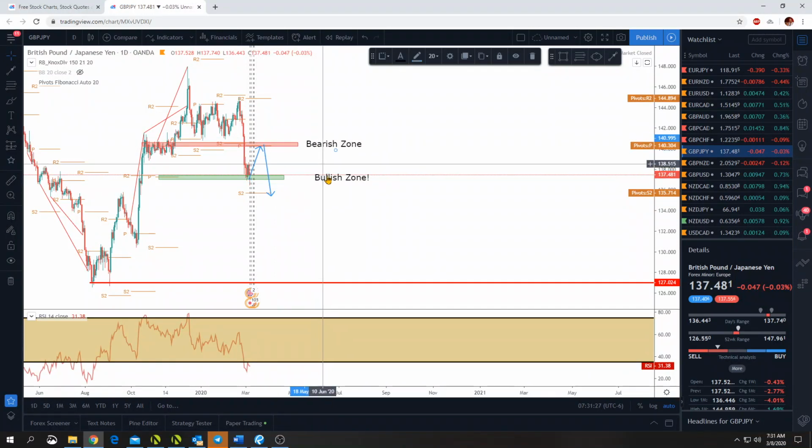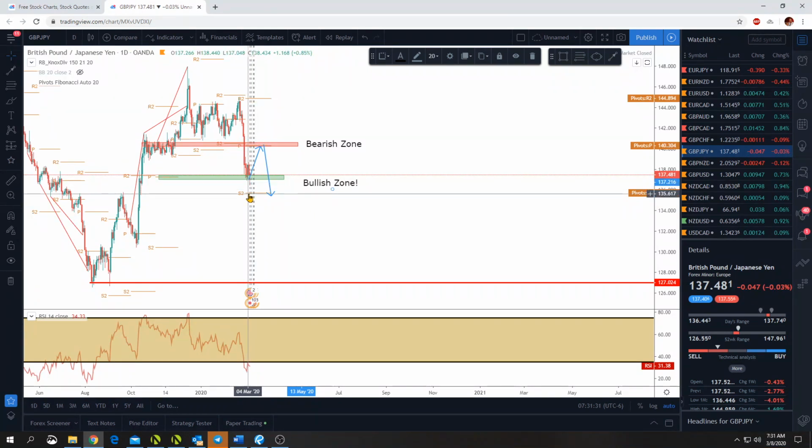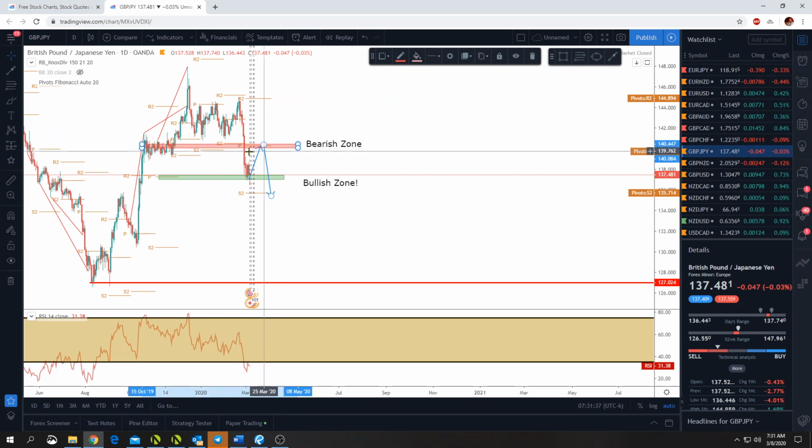All right, hopefully that makes sense. I'm thinking we're going to get a little bit of a retracement here soon, possibly down at this S2. And then this would be a great place to sell from right here, this missed pivot or this resistance zone right here. Let's make it a little fatter. But I like that. If we get a retracement back up to here, great place to sell.